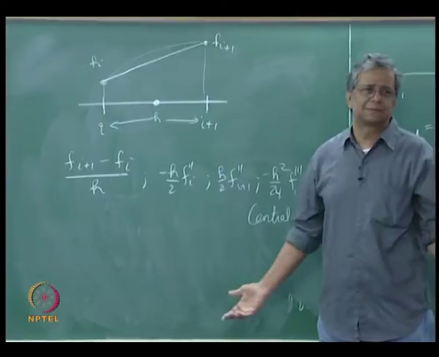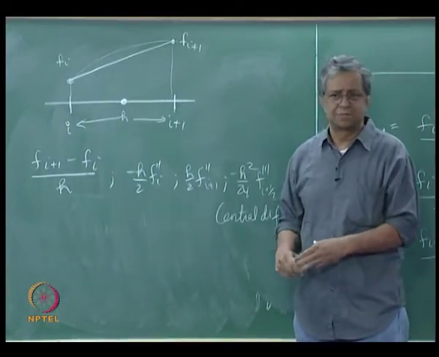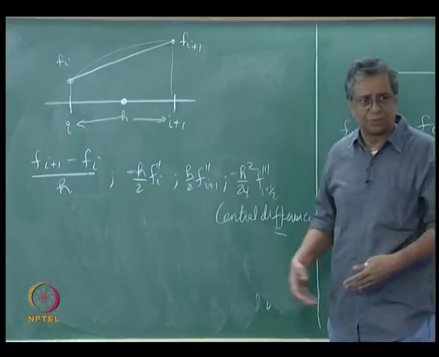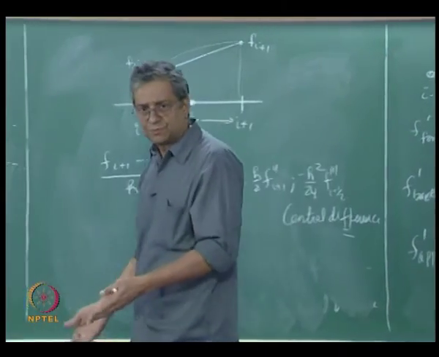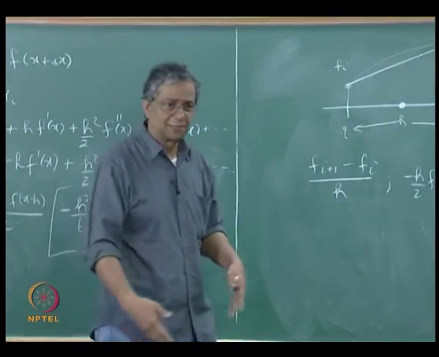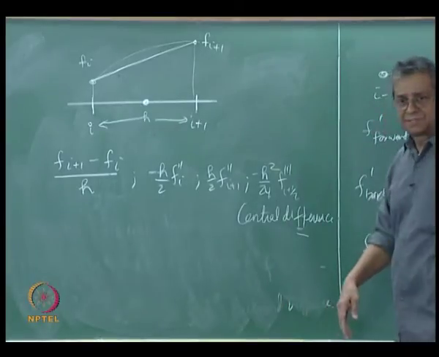Actually, if you think about it, this should remind you of the mean value theorem. Mean value theorem simply says that if you are walking on a continuous path from one point to another point, then somewhere in between in that trajectory, what does mean value theorem say?